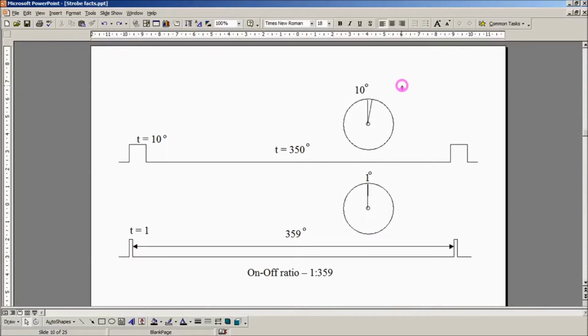So in this top image we see a 10-degree rotation of the disc, and that's the light being switched on for a period of 10 degrees and then off for 350 degrees. This is the preferred scenario where the light is on for 1 degree and it's a much shorter pulse, off for longer.